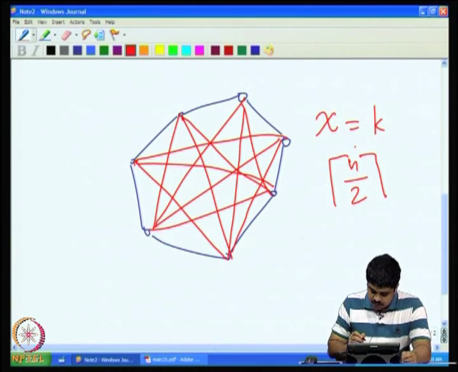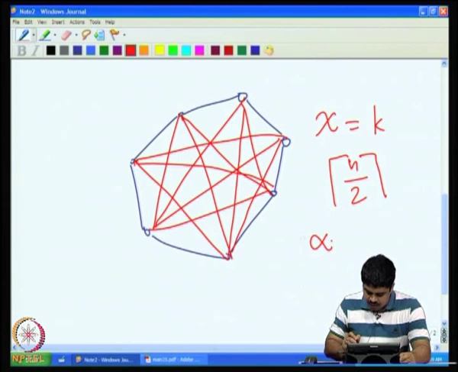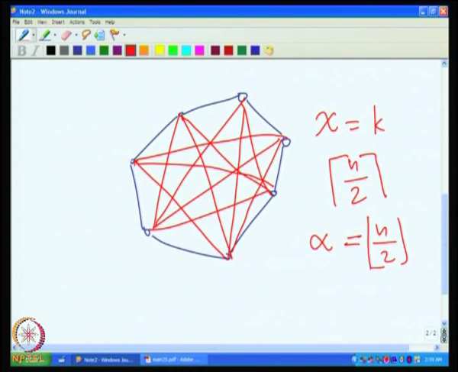On the other hand, if you look at the clique number omega of this graph, that will happen to be the alpha of the cycle, and that we know is the floor of n by 2 only, right. For instance, in a 7 node graph you could have taken this vertex and this vertex, and then you can take this or this, right. Only 3 you can take for 7.